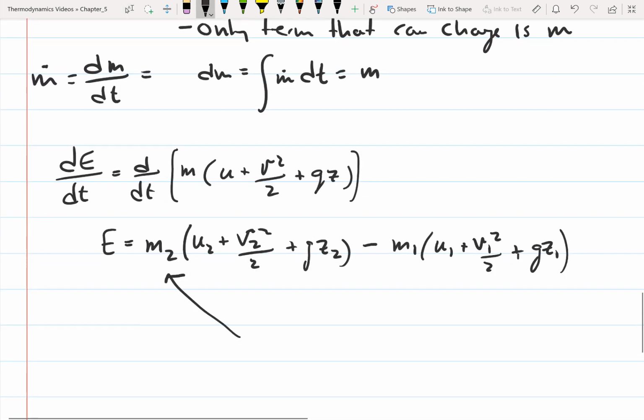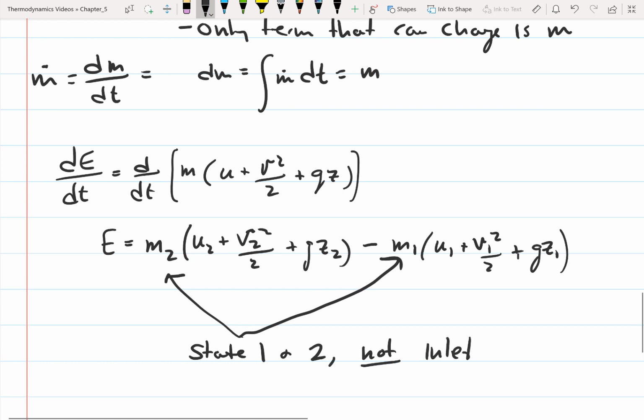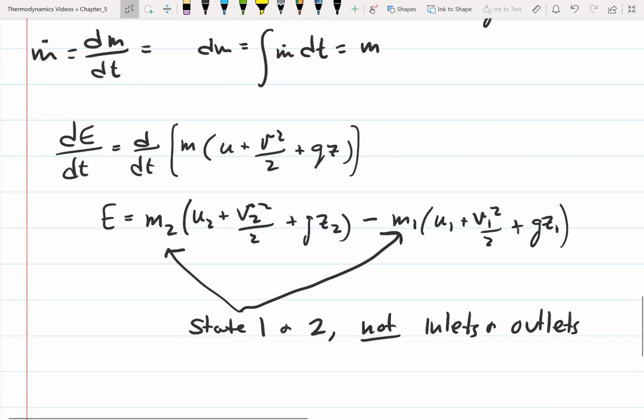And I just want to be really clear, because this can be confusing. These refer to state 1 and 2, not the inlet and outlets. So now we can combine everything.